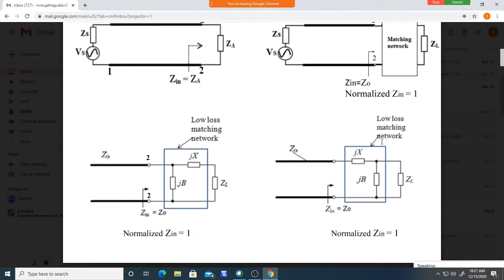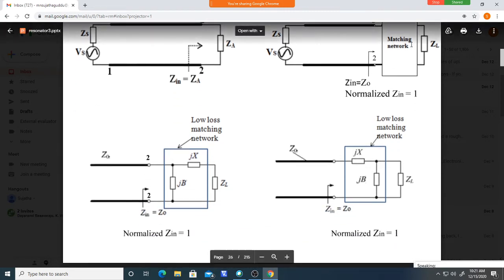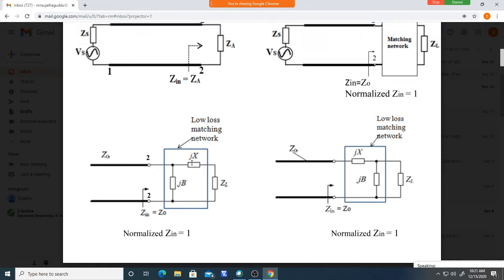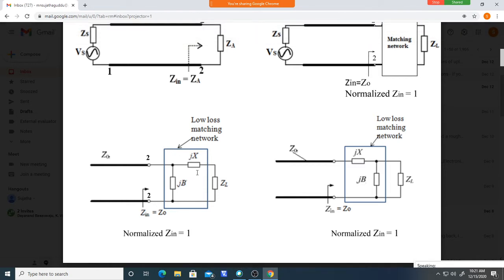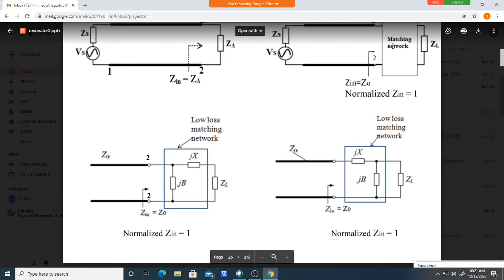To do that, in the previous semester we designed this matching network, the L matching network. To change the impedance ZL to Z naught, we added components like this. They are reactive components, because lossless means this should not dissipate any power. A matching network should dissipate as little power as possible.